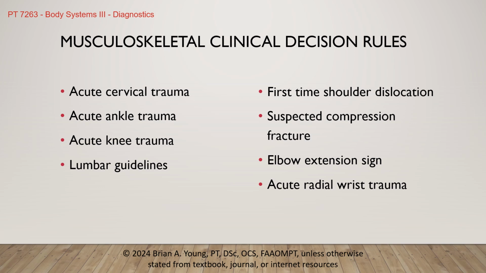These are not written for someone who presents to PT with chronic back pain that's been there for 8 months or 10 years, or neck pain from sitting at a computer doing work but no type of trauma. We have to make sure we look at the population and the intent of these rules if we're going to apply them.